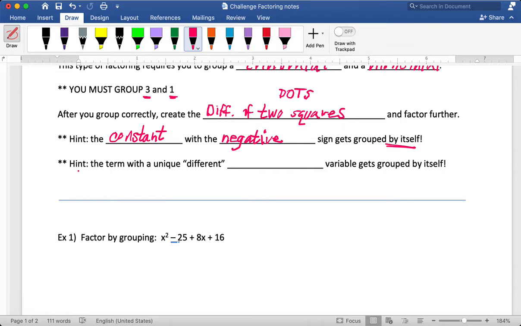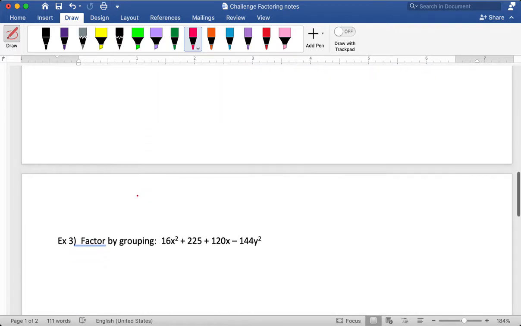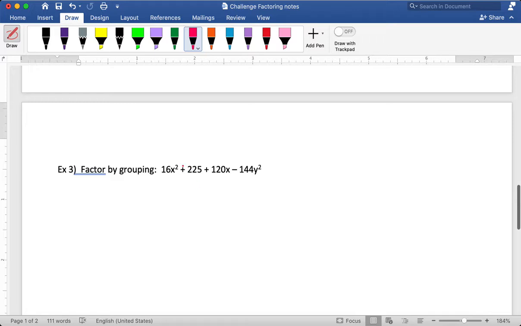And then here's another hint, because you'll see down in example 3. This example has x squared, this has no x, this has x to the power 1, and this has y squared. So this is a distinct quadratic term.